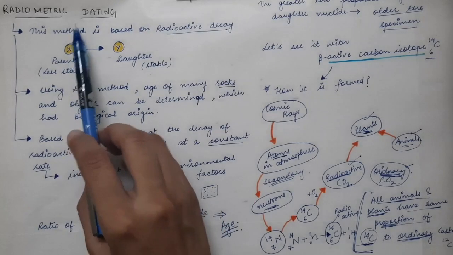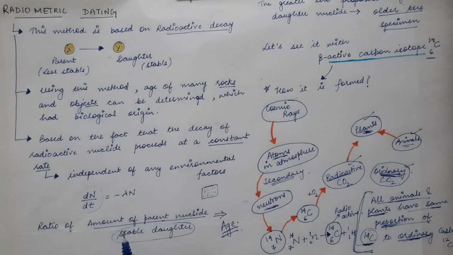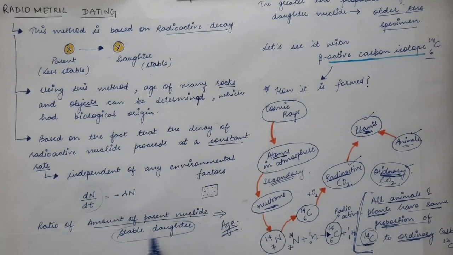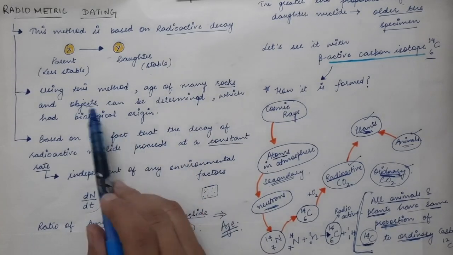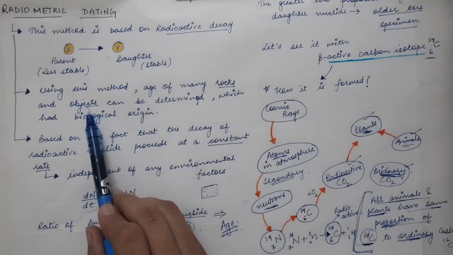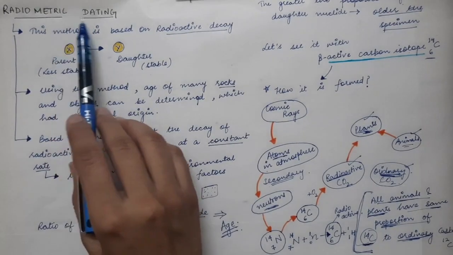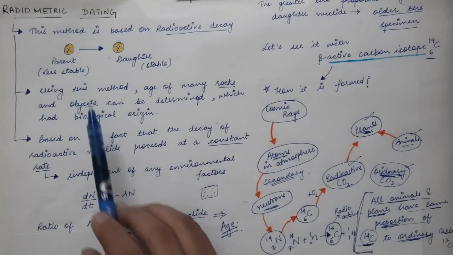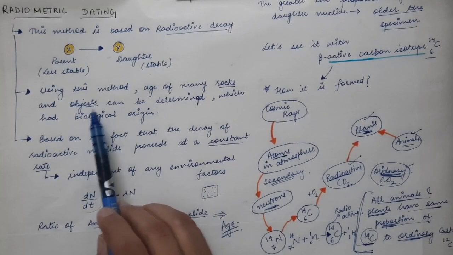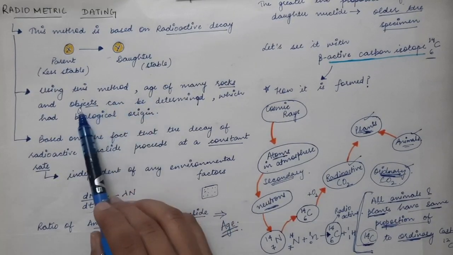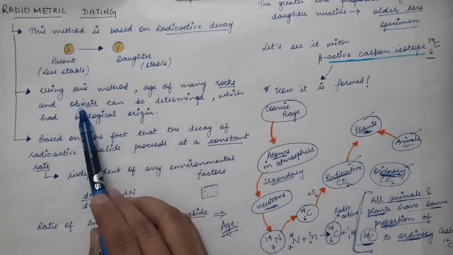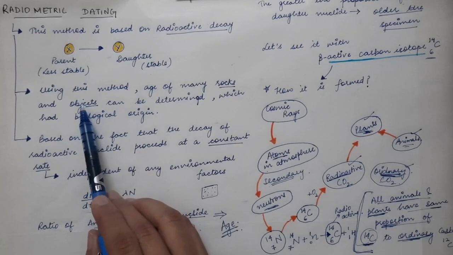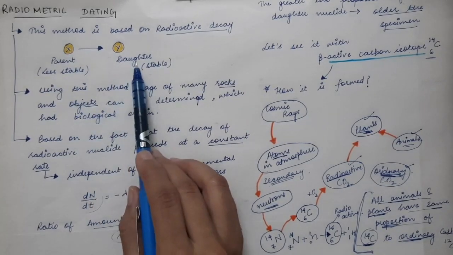Now in radiometric dating, we find the ratio of the amount of the parent nuclei to the amount of the stable daughter nuclei present in that object. What is the main principle on which this works? The object whose age we want to determine will contain some parent nuclei, and this parent nuclei will continuously decay into daughter nuclei.